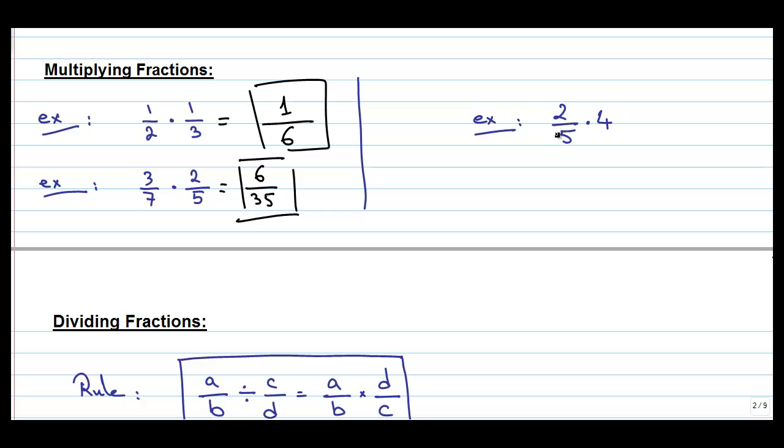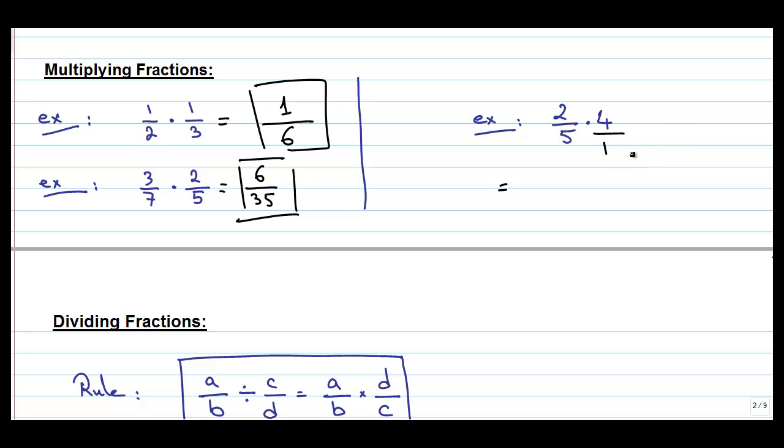Now for this example, you can see that we have a fraction, 2 over 5, multiplied by a number. It's not a fraction here. This is a number, which is 4. How to work it out? It's very simple. Just write the denominator 1. So for a number, you can write down 1. 4 over 1 is 4, so basically we didn't change anything.